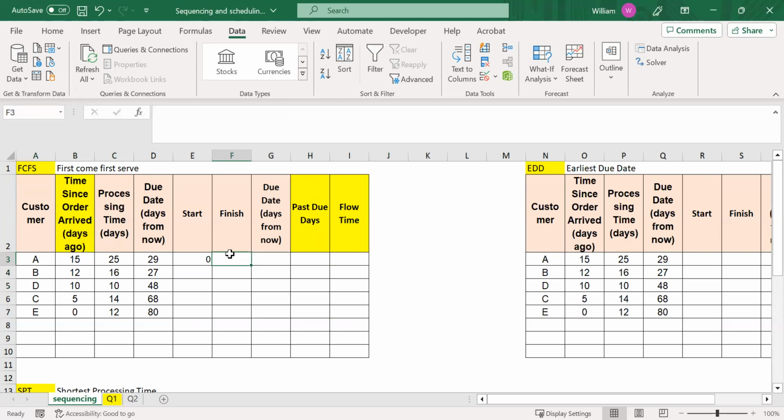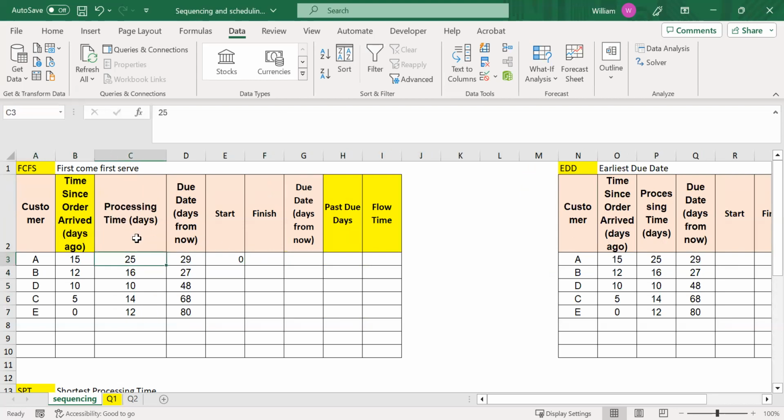And for the finish, I'll need to know how long it takes to process this job, right? So customer A's job is going to take us 25 days. So if we start today, we should finish in 0 plus 25 days, okay? So we finish the first job in 25 days.